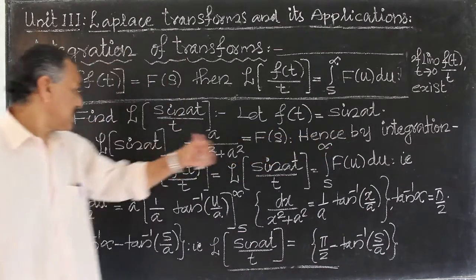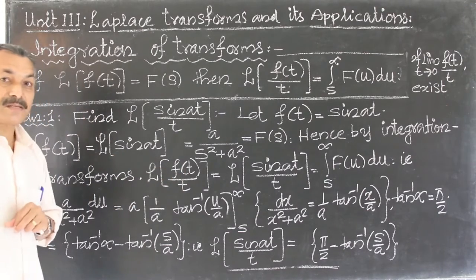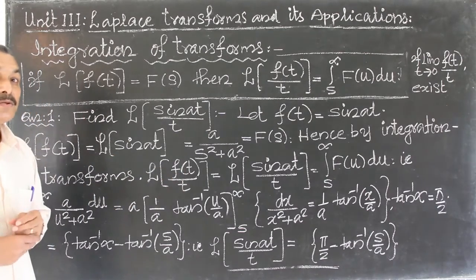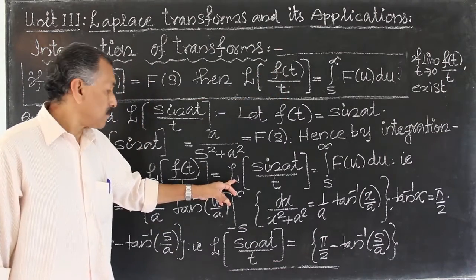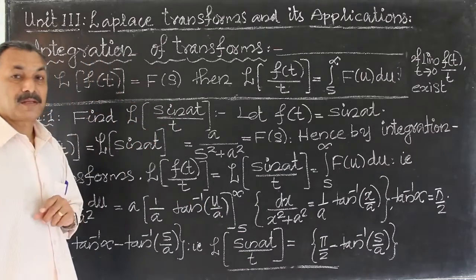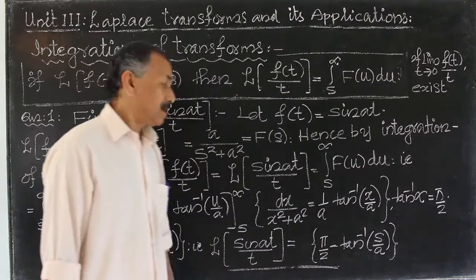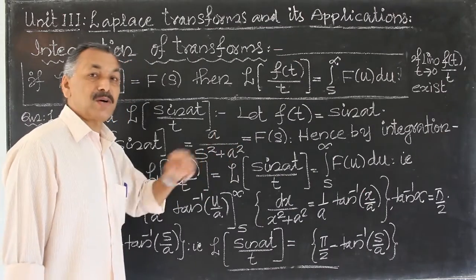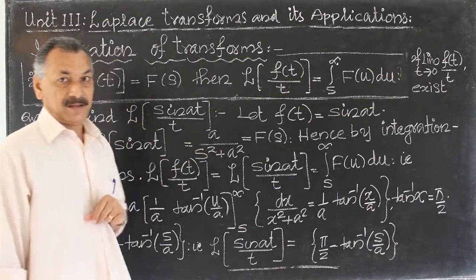Hence, by integration of transforms, the Laplace transform of f of t by t, that is sin a t by t, is equal to the integral from s to infinity of F of u du. F of s is a divided by s square plus a square, so F of u means put u instead of s.